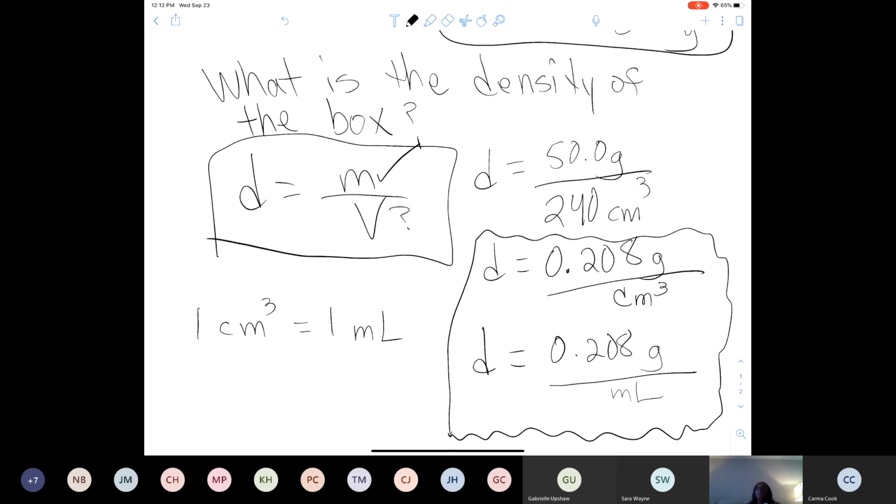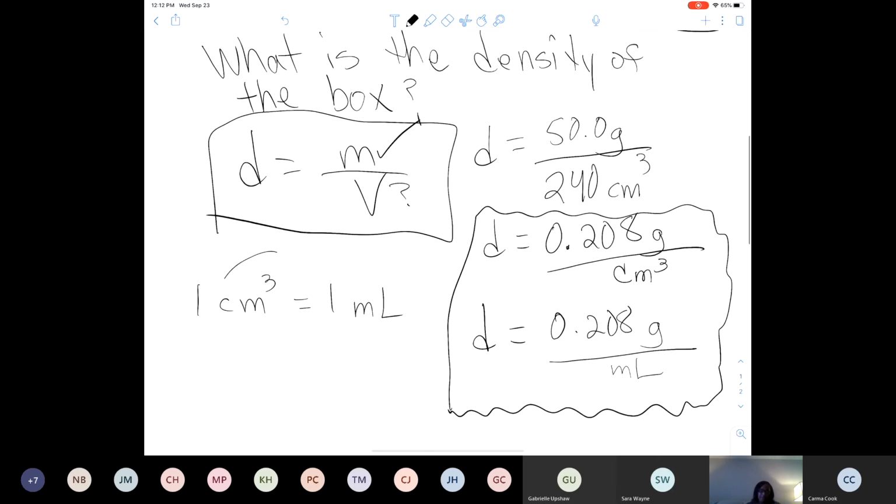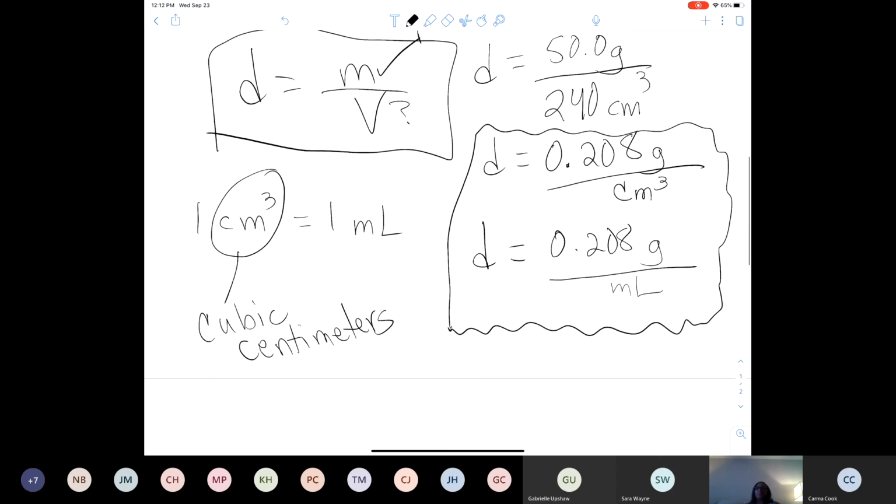The cc stands for cubic centimeters, which we can also call centimeters cubed.